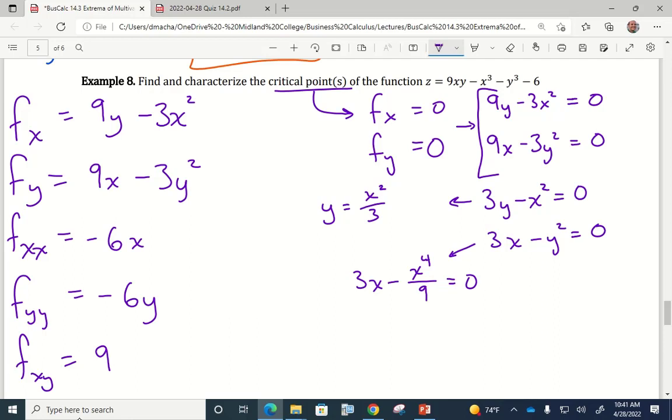So let me multiply everything in this equation by 9, and I would get 27x minus x to the 4th equals 0. If I factor out an x, which would be my greatest common factor here, I get x times 27 minus x cubed is equal to 0.